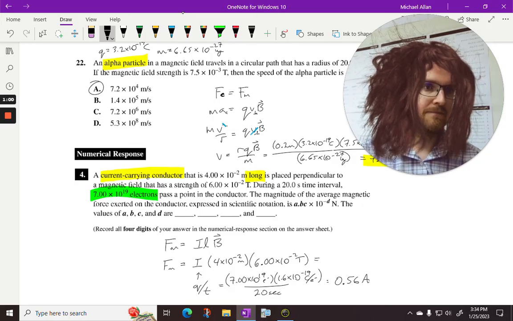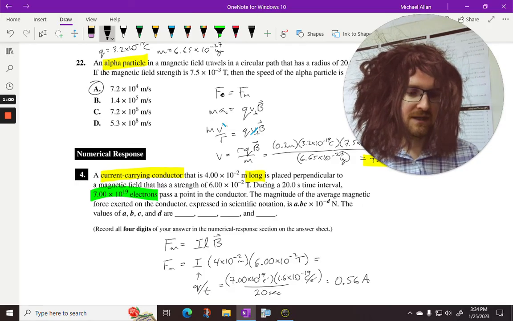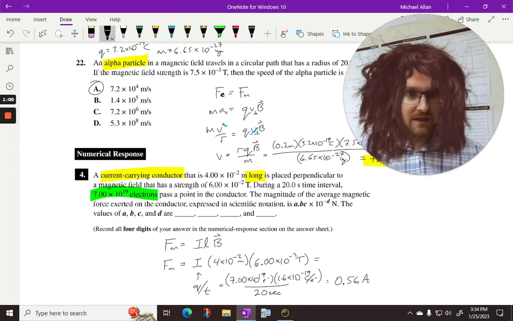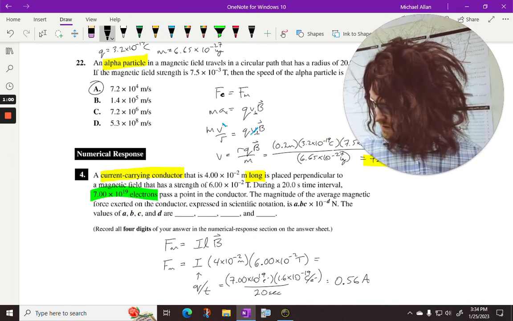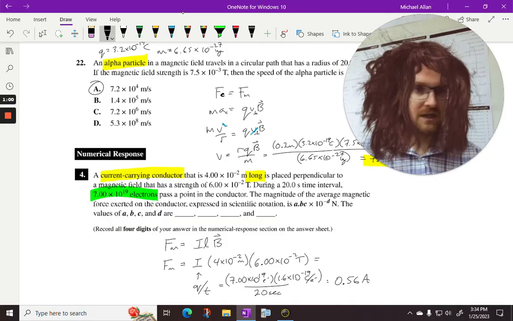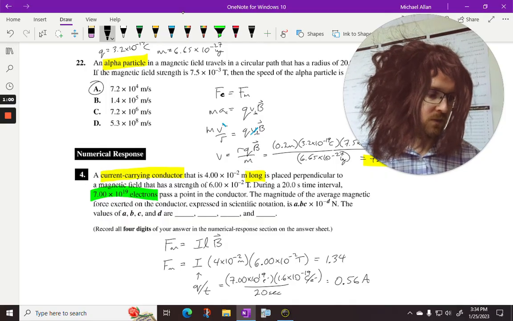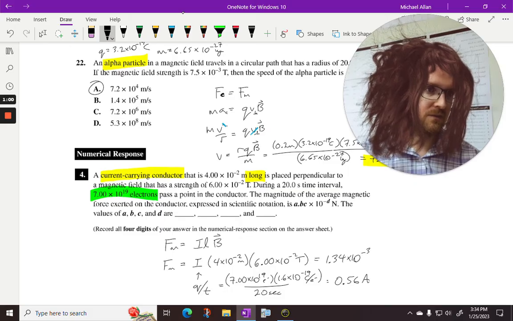And then I'm going to plug that back into this formula up here. All right. So I'm going to times it by this. I had a little brain fart there trying to figure out how to type numbers in my calculator for some reason. So I get 1.343. Yeah, that's right. 1.344 times 10 to the negative 3 amperes.